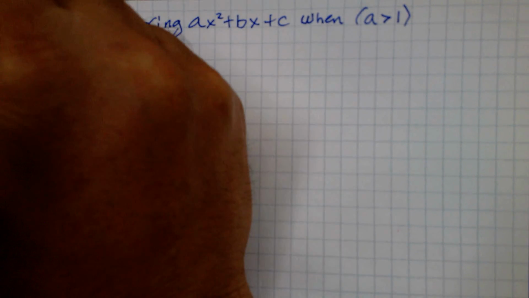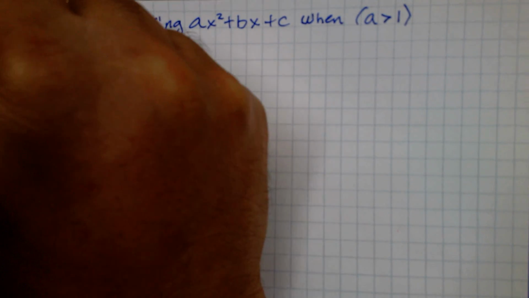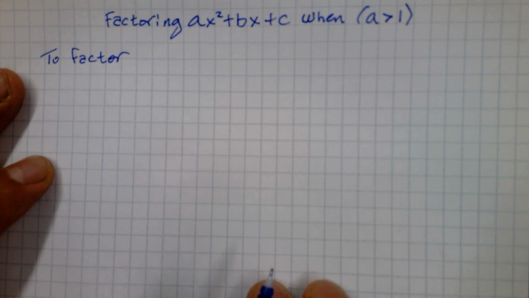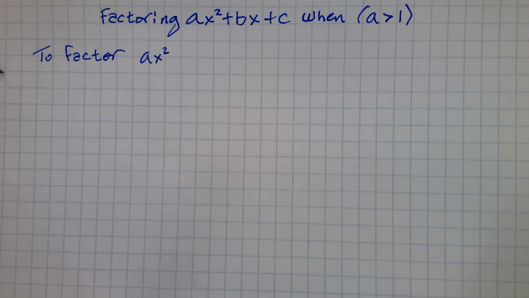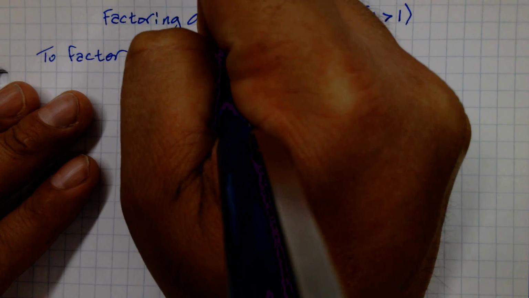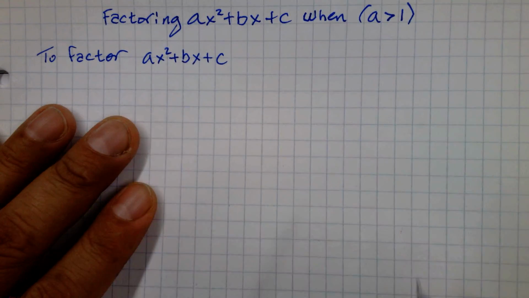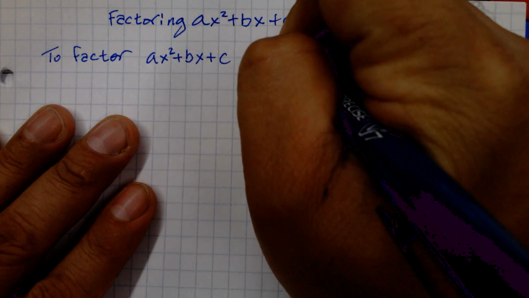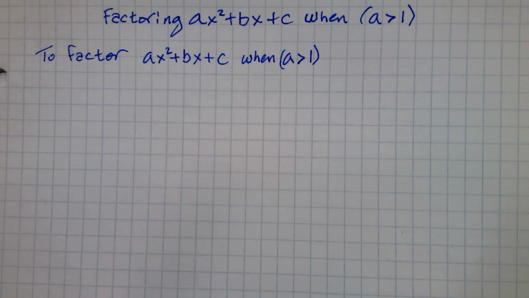So let's write this down. To factor ax squared plus bx plus c when a is greater than 1, here's what we're going to do.